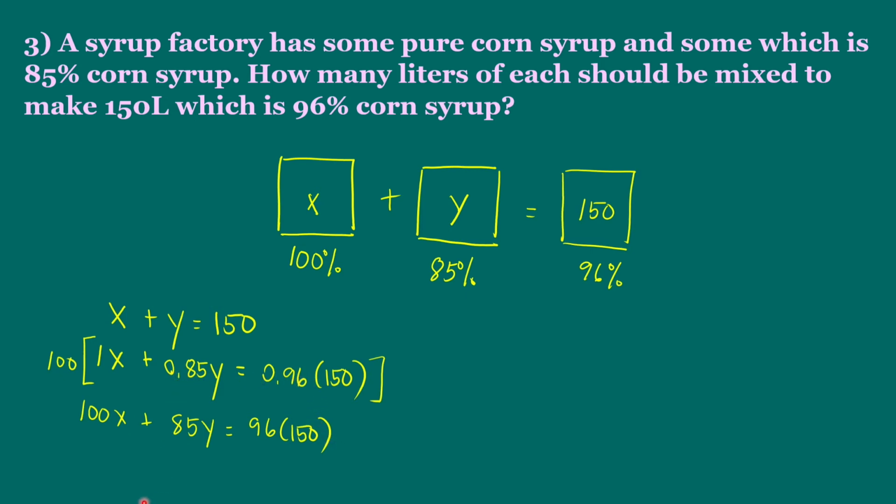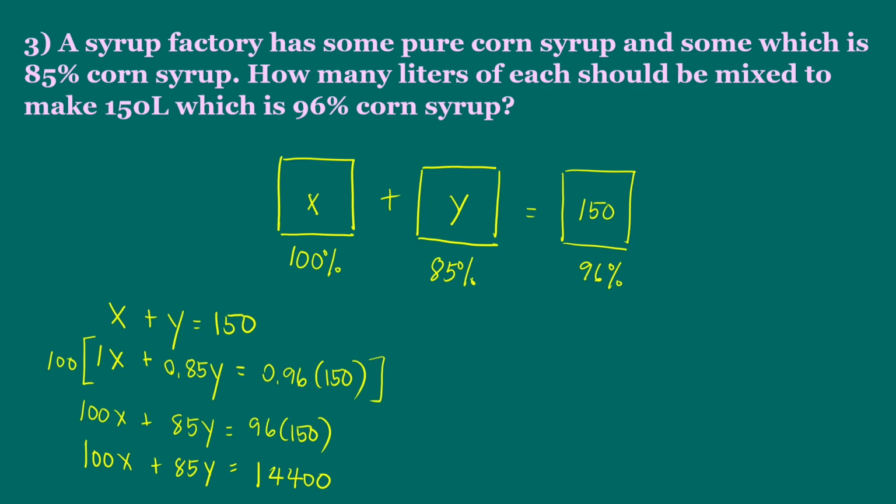Alright? So, we have here 100x plus 85y. Now, 96 times 150, 14,400. That is the second equation. So, with the first equation, x plus y equals 150. Now, let us try to multiply this first equation by negative 100.